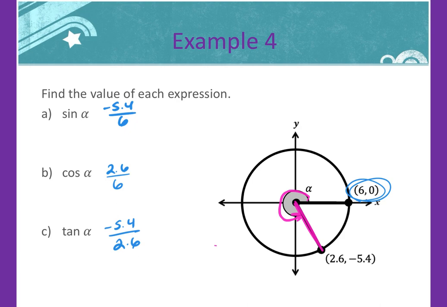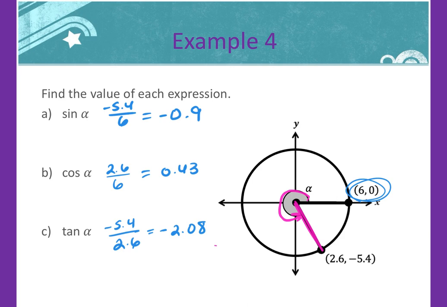Most of these will be kept in decimal form. This is negative 0.9. 2.6 divided by 6 is 0.433. So I'm going to keep it as 0.43 because we do 2 decimal places. And then 5.4 divided by 2.6, negative 2.076, which becomes negative 2.08.